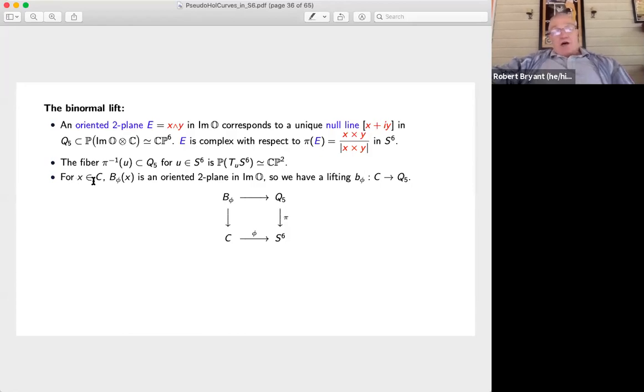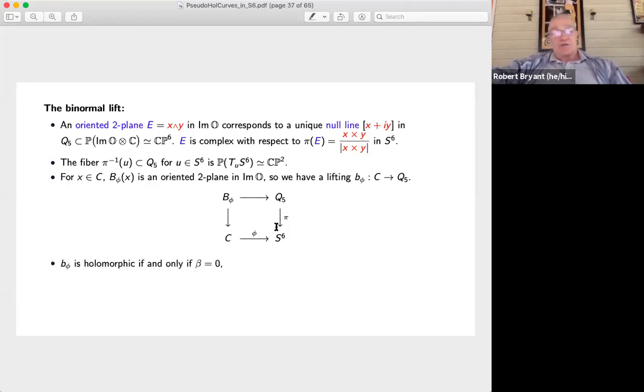So if you have now again a pseudo-holomorphic curve, then the binormal line is an oriented 2-plane in imaginary O, and so we can regard it as a null line in the complexified imaginary octonions, and you get a lifting B phi from C into Q5. There's always a lifting as long as it's a nonlinear curve.